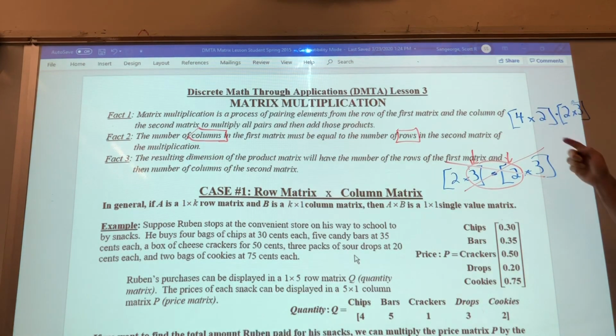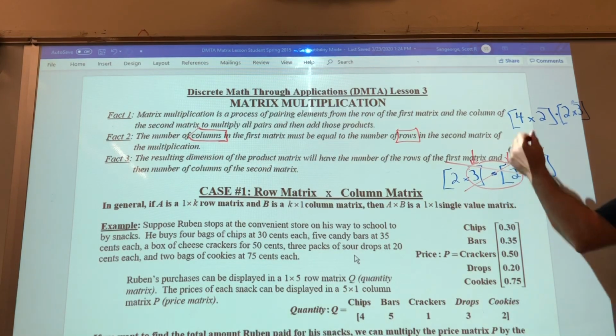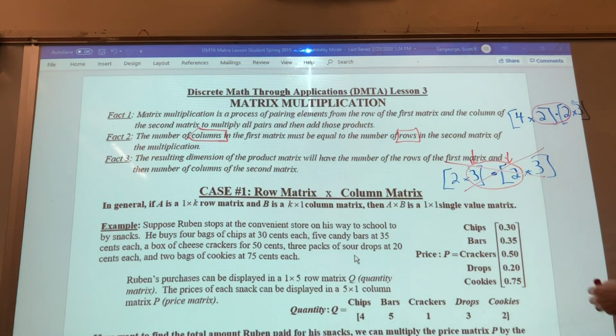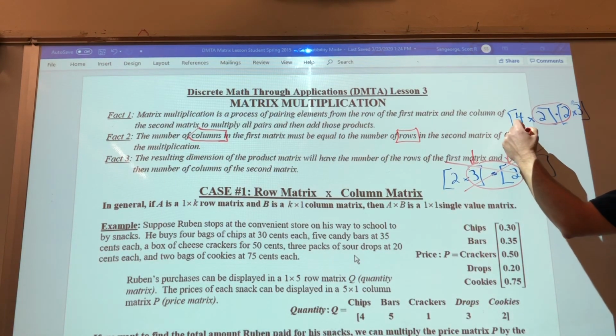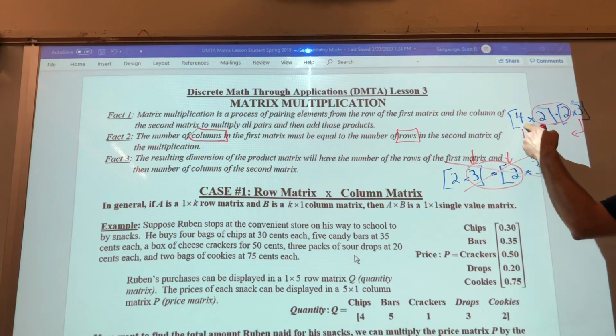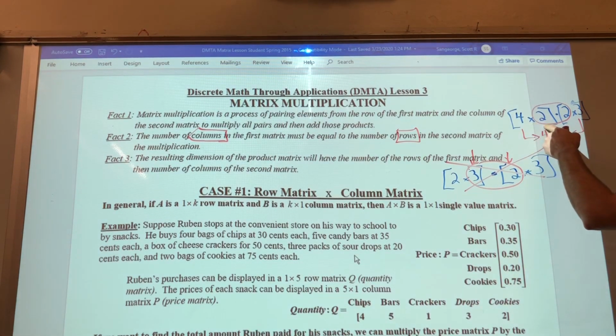So if we have a 4 by 2 matrix and a 2 by 3 matrix, this time the columns of the first match the rows of the second, so this is defined, and we can multiply, and the new matrix will have the dimensions of the rows in the first and the columns of the second. So this will be a 4 by 3 matrix. I'm going to show that one more time.